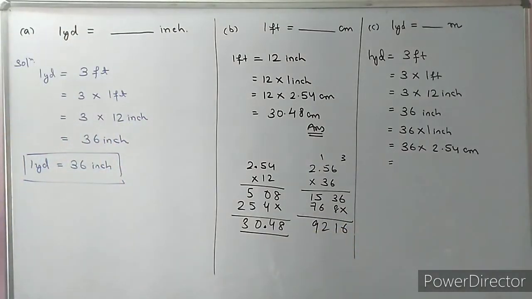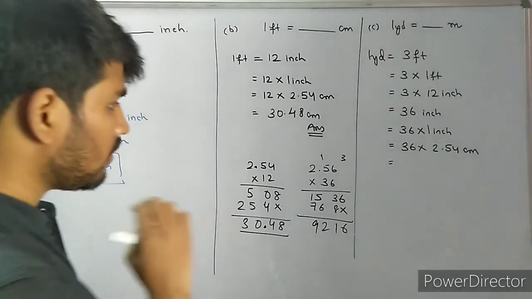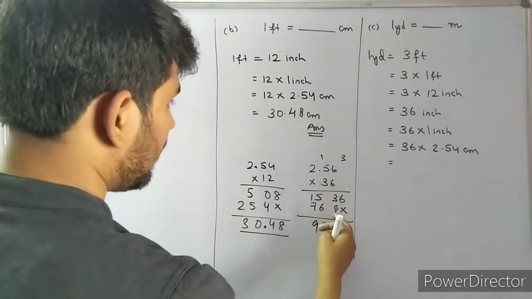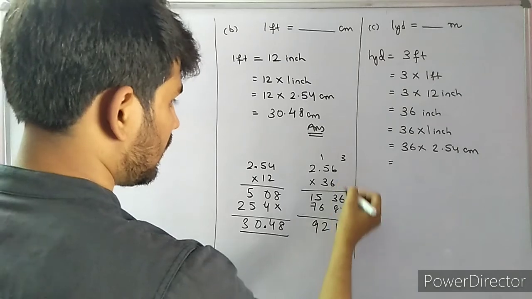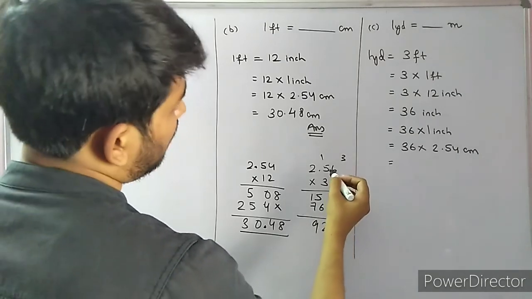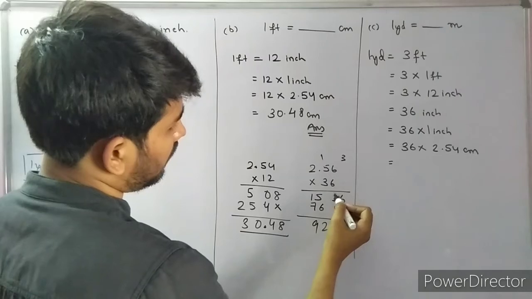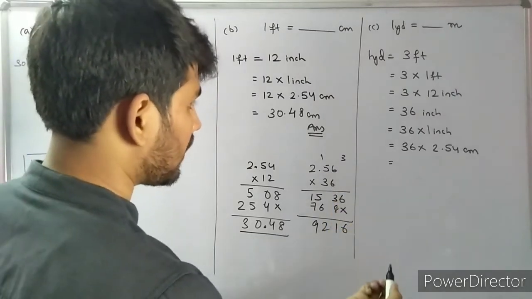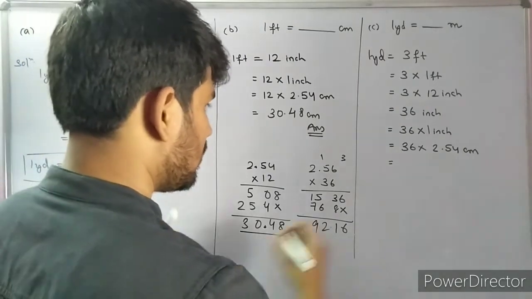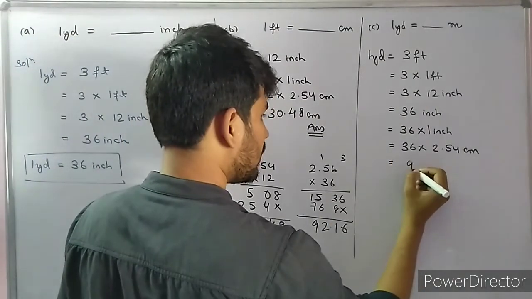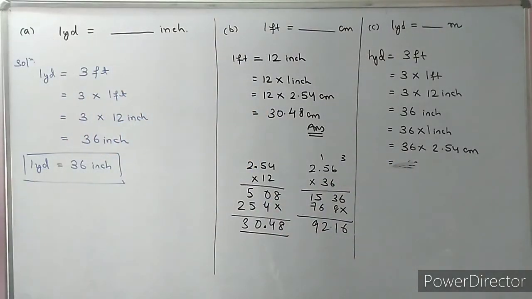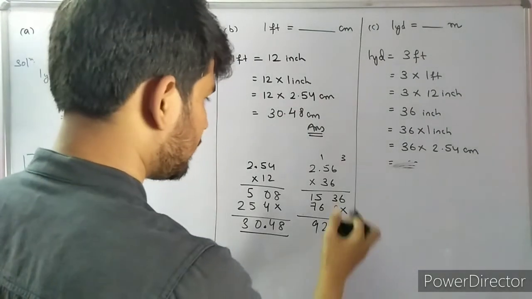I think I made some mistake. What mistake did I do? I don't know. I'm getting 92 point something, but it doesn't match. Just a minute.